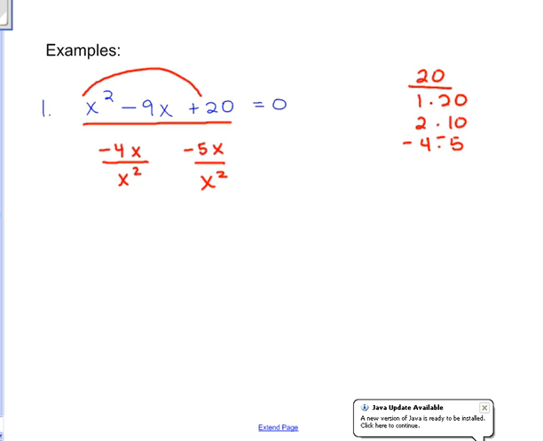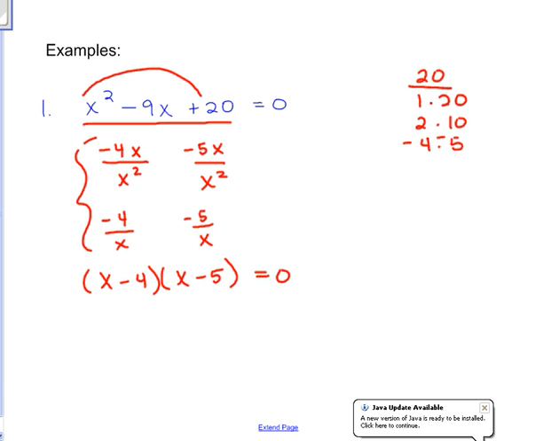Reduce, so that would reduce to negative 4 over x and negative 5 over x. So my factors would be x minus 4 times x minus 5 equals 0. All of this part is just the extra work that you could actually do on the side if you want to. So now I'm to step 2 that said to factor the left side.